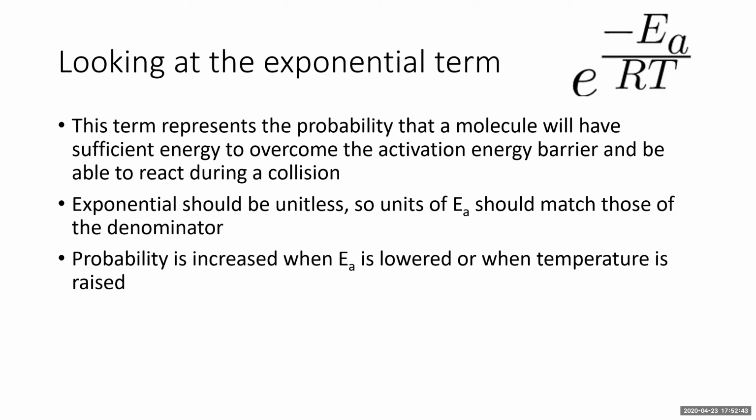And since you don't affect the activation energy when you're changing temperature, you will have more molecules on average above the activation energy. So a couple of ways to influence the activation energy are with catalysts, which would decrease the activation energy.